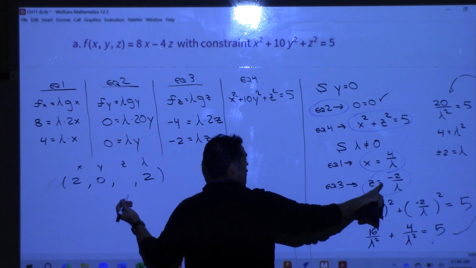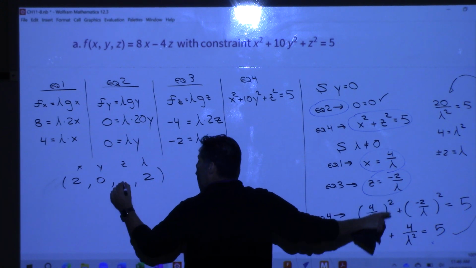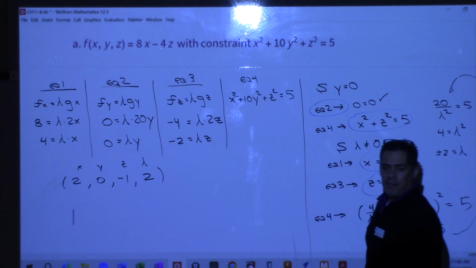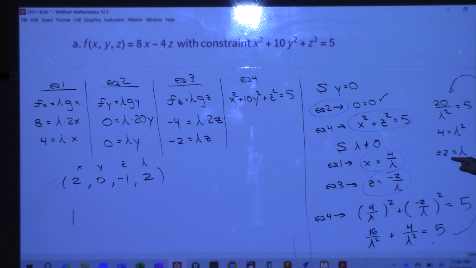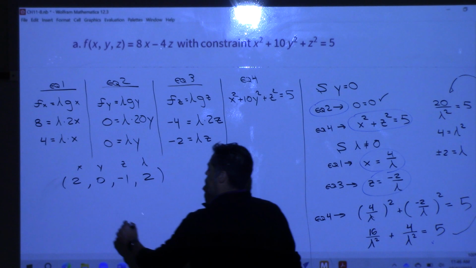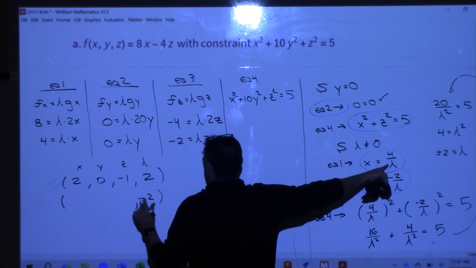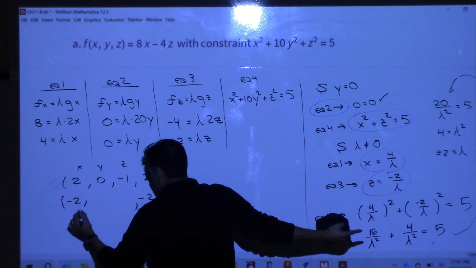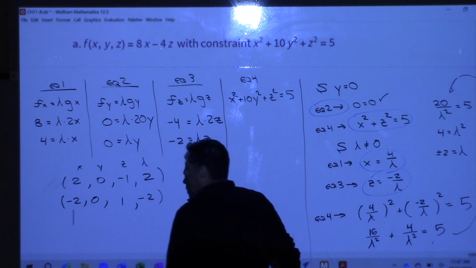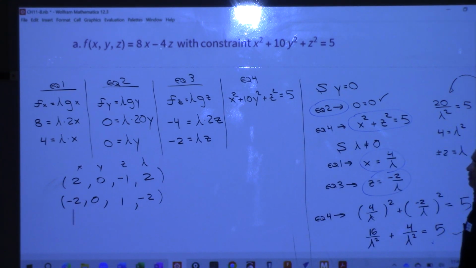Z is negative 2 over 2, negative 1. So if lambda is 2, we get the x, y, and z there. What if lambda is negative 2? Then x should be negative 2. Y is still 0, right? And z should be positive 1. All right. So far, that's what we've got.